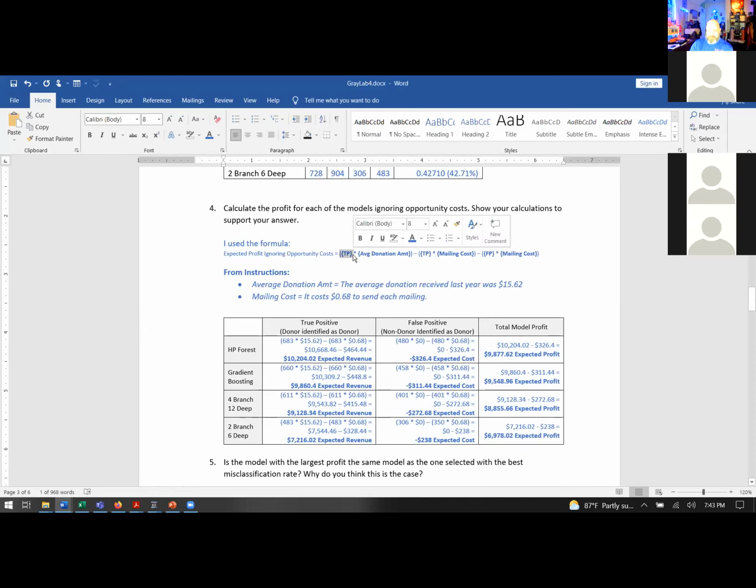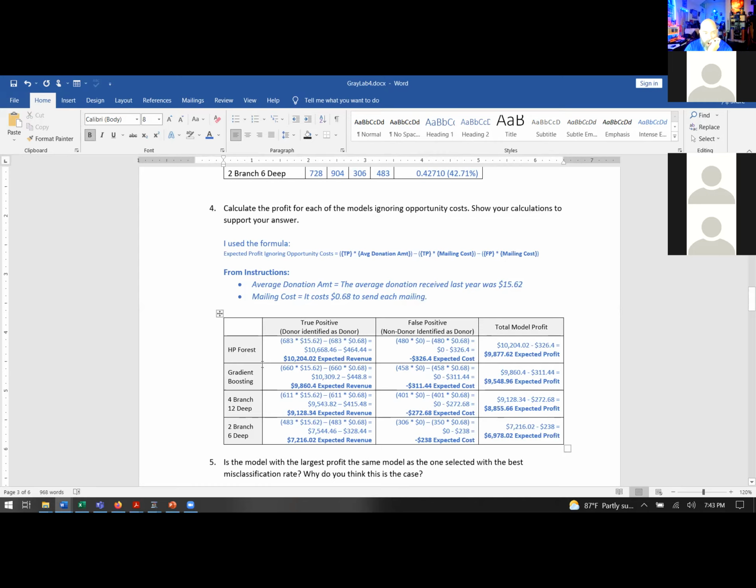So they were a donor and we identified them as a donor, times the average donation amount, which you put in the instructions. Subtract from that our true positives times the mailing costs, and then subtract out false positives, people that we send something to who are non-donors, but we identify them as donors, which means we make no money from them. Since they don't donate, it only costs us the mailing cost.